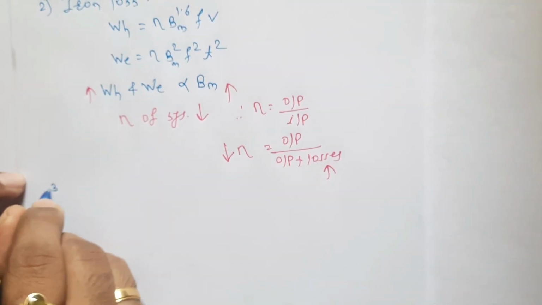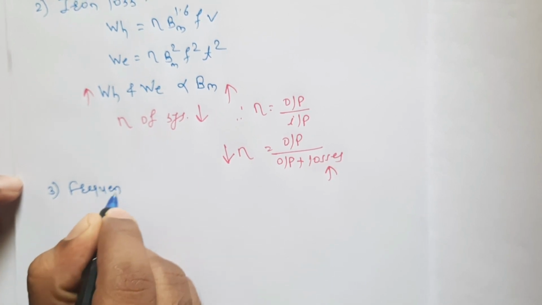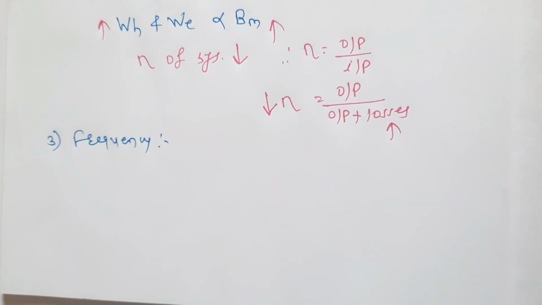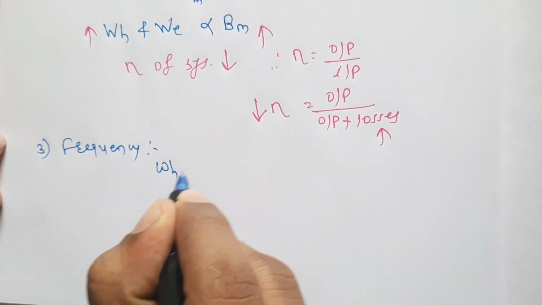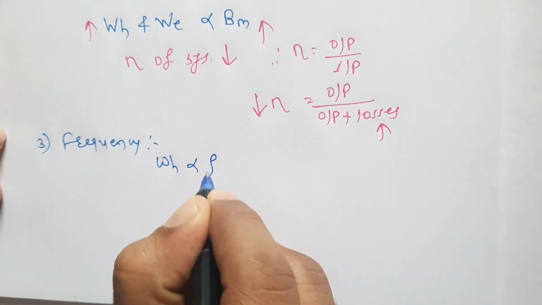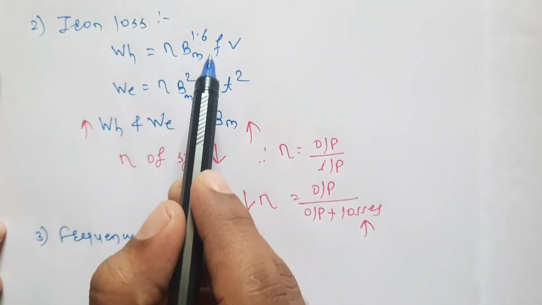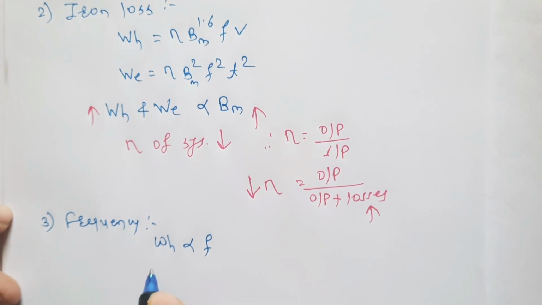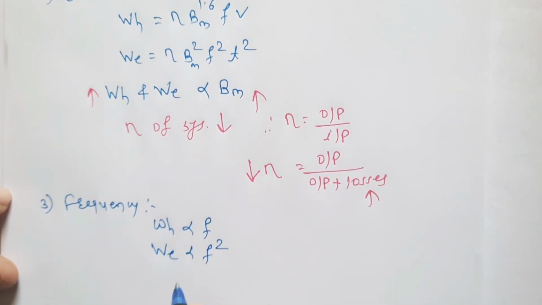Next, third point is frequency. Hysteresis loss is directly proportional to frequency, as we discussed in the above point, and eddy current loss is directly proportional to square of frequency.